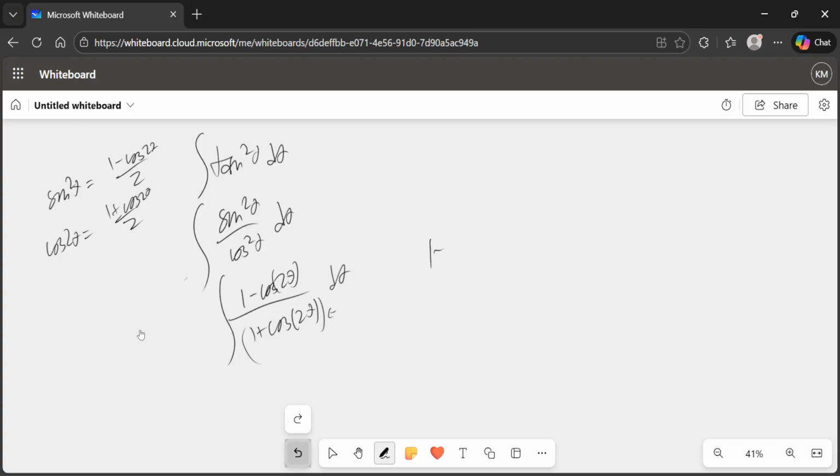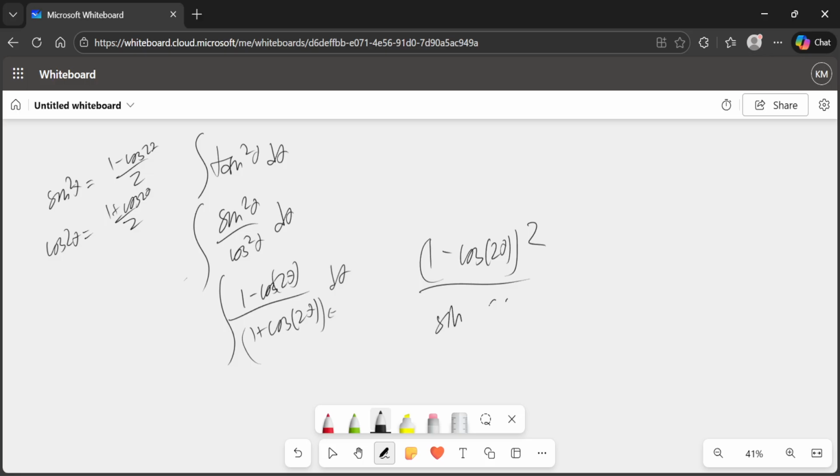If you do the conjugate, you'll get 1 minus cosine squared 2 theta over 1. Sorry, no, you're right. The 1 minus cosine 2 theta is squared up top, and then this is 1 minus cosine squared 2 theta on the bottom.